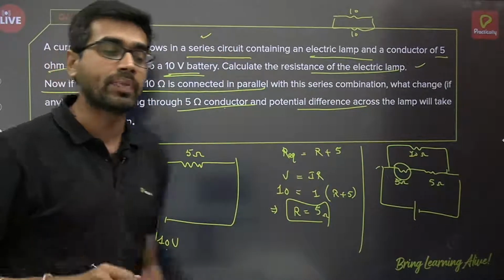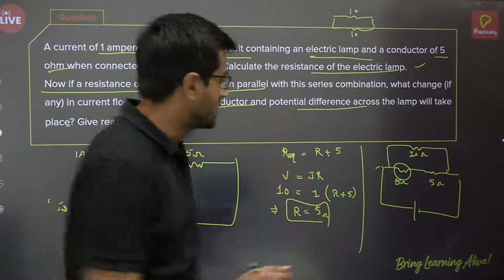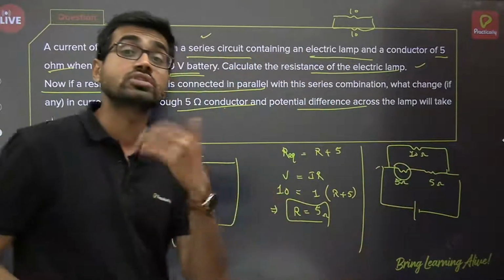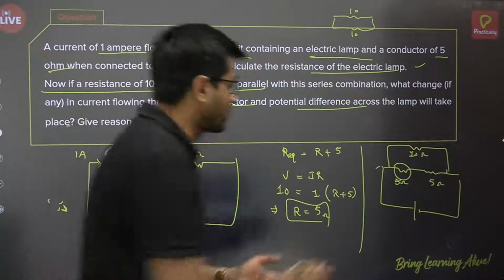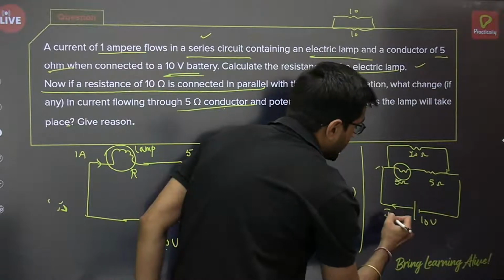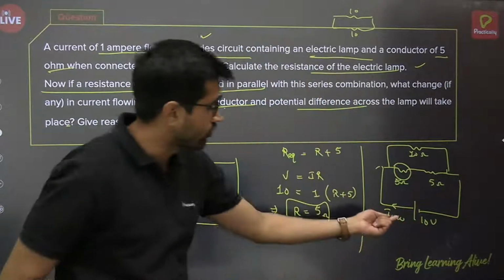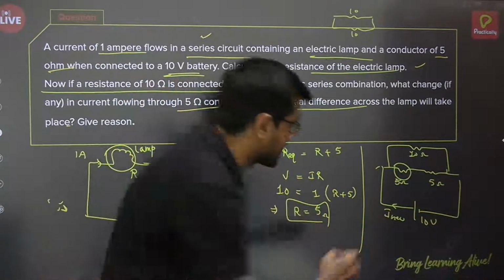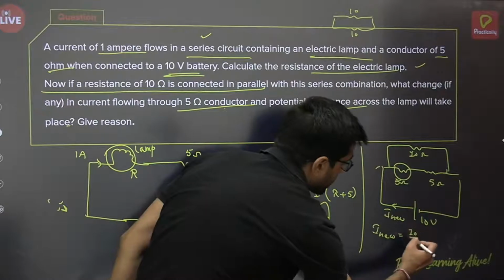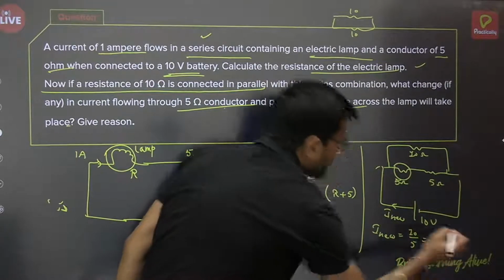So 10 and 10 in parallel is nothing but 5. We all know this. So we got 5 as the equivalent resistance. Since the battery is 10 volt, the new current I new flowing through the complete circuit is 10 by 5, which is equal to 2 ampere.